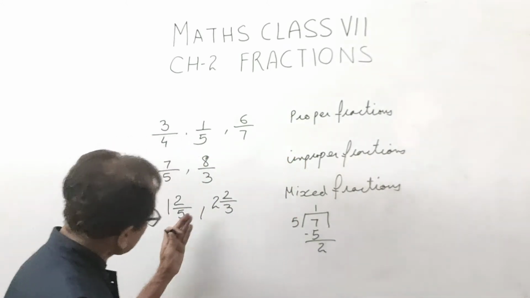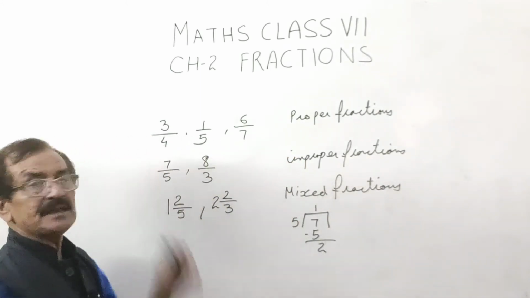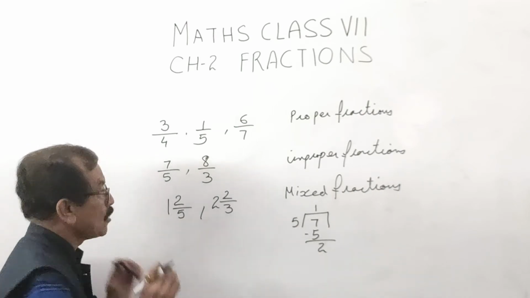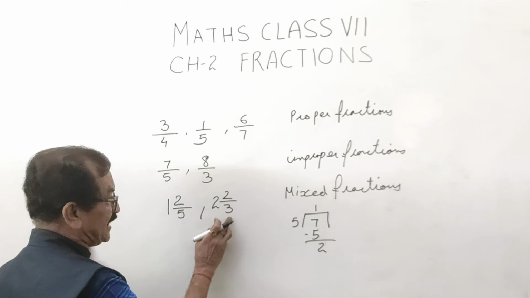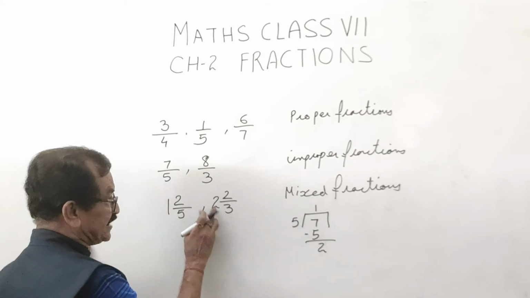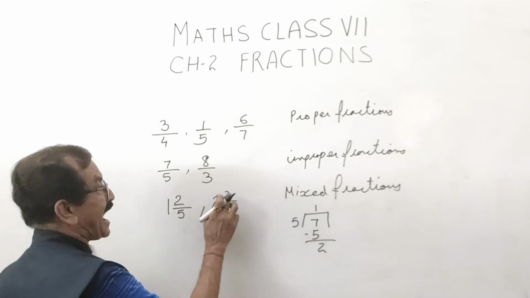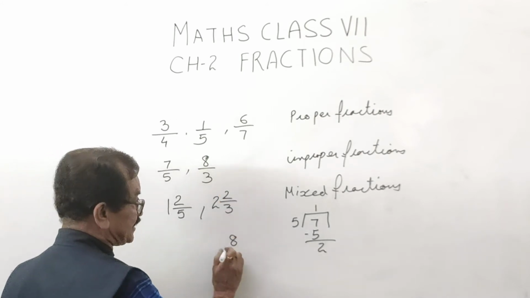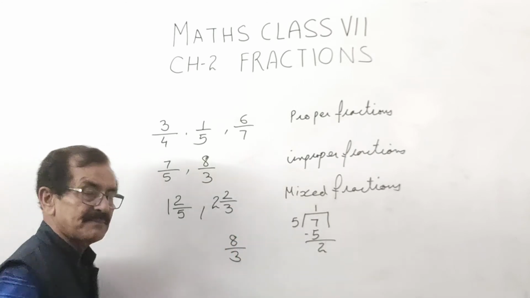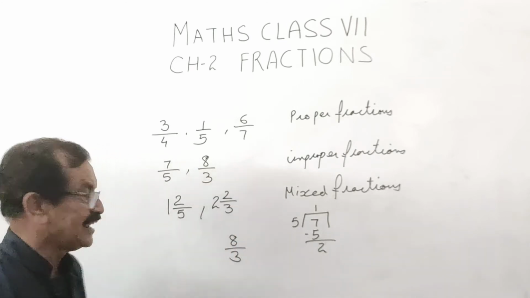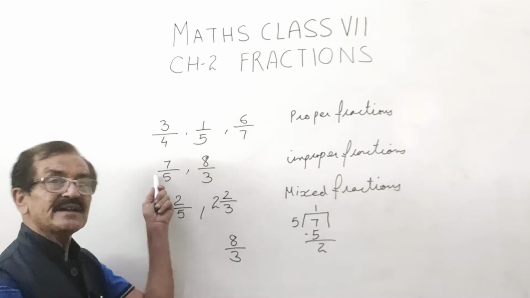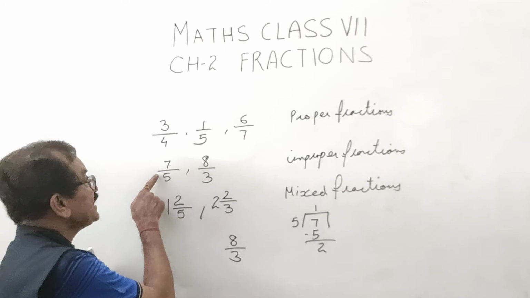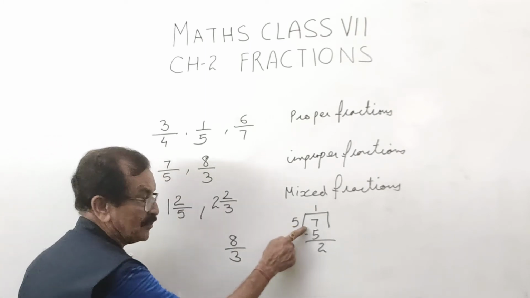Now if I want to convert a mixed fraction to an improper fraction, that is also a simple task. How? Multiply the denominator by the whole number, 3 2s are 8, add the numerator upon the denominator. Again, I repeat, to convert an improper fraction to a mixed fraction, we divide the numerator by the denominator.